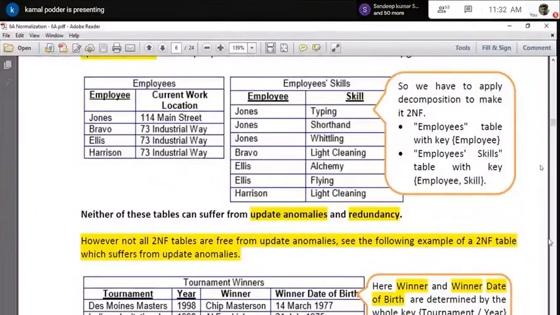So in short, after achieving the first normal form, that means creating a separate table for repeating columns as per the guideline of the first normal form, if the table contains a composite primary key, and there are some non-prime attributes which depend partly on the primary key, not the full dependency on the primary key, then there is a problem, and it can generate a lot of problems: update anomaly and redundancy.